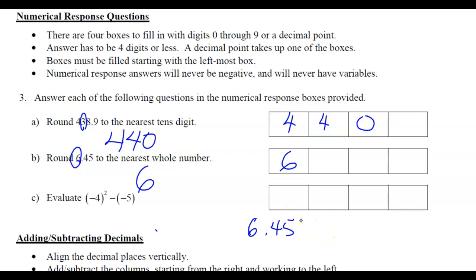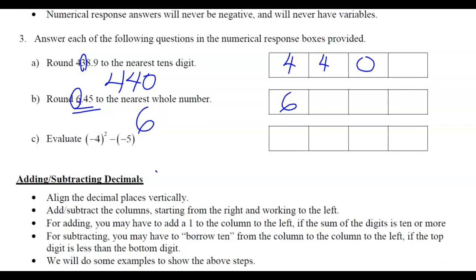So they'll go, oh, this 5 makes this 4 go up to a 5. And then that 5 makes this 6 go up to a 7. Think about this as if it was money. $6.45. Is that closer to $6 or to $7? $6. So that's another, if you think about money, most of us know about money and can figure things out a little bit easier.